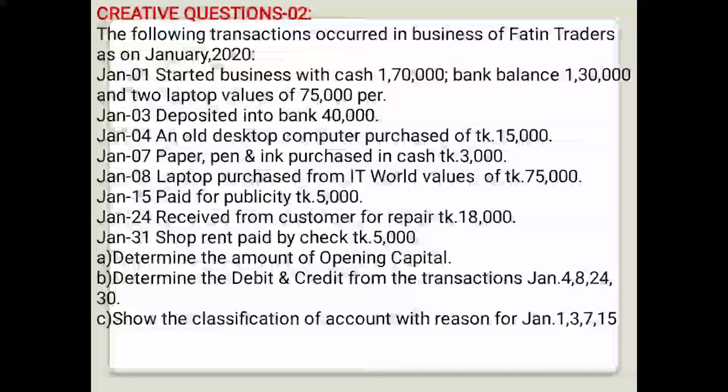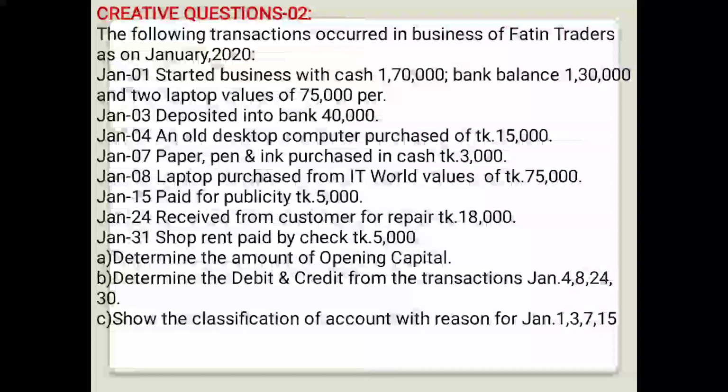So the total opening capital, or beginning capital, or initial capital, is 1,70,000 plus 1,30,000 plus 1,50,000. The total opening capital is 4,50,000. This is the answer for requirement A.